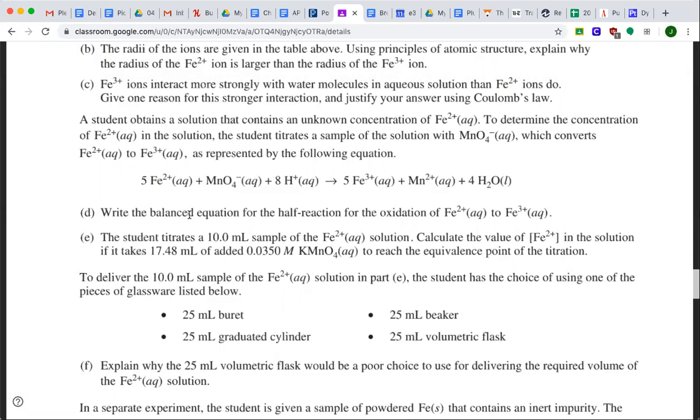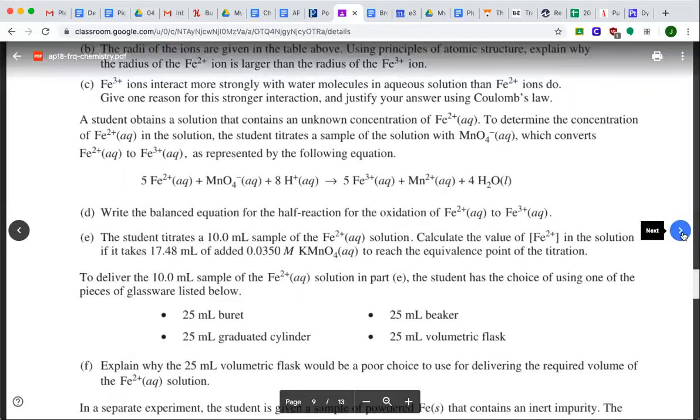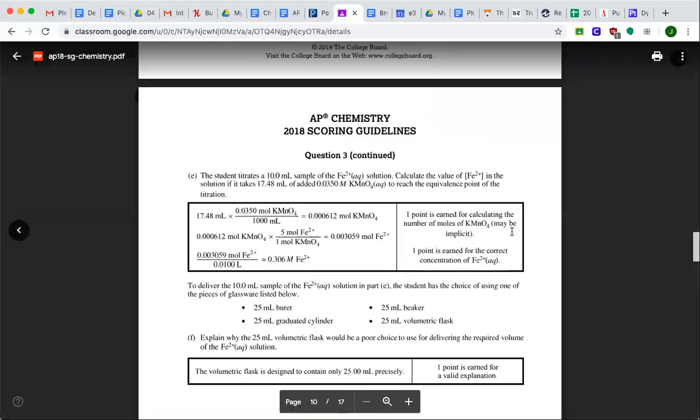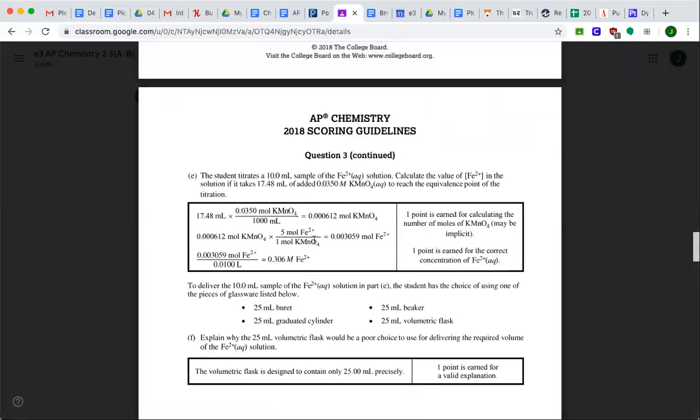Wait a tick. Hold up. This is part D. No, sorry, part E. That's exactly what we got for the molarity of the permanganate.